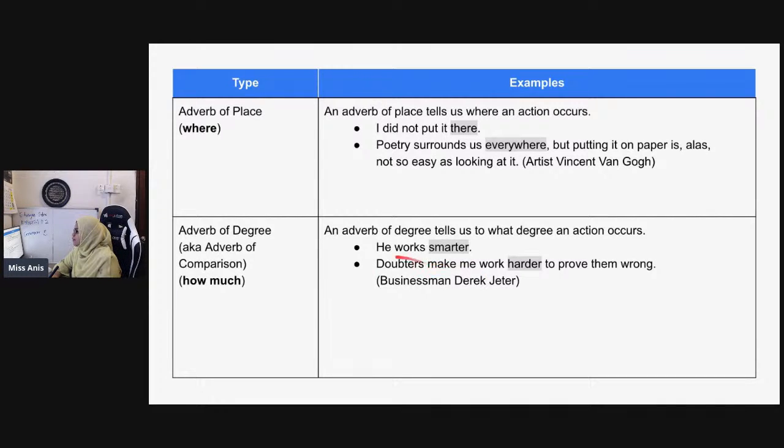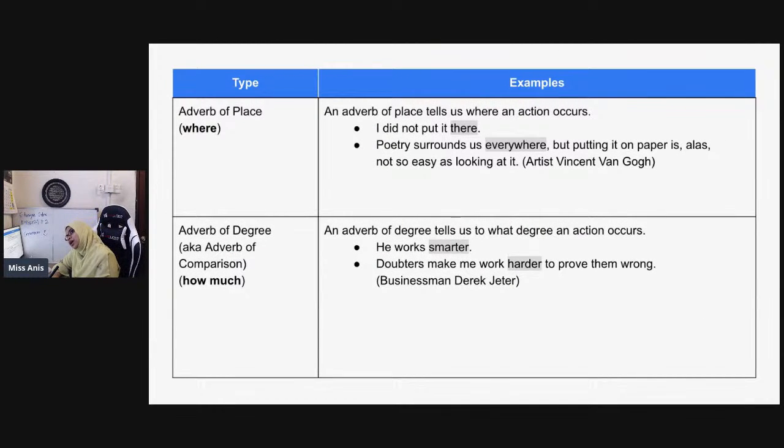So orang-orang yang tak percayakan dia ni buatkan dia bekerja lagi kuat untuk buktikan mereka tu salah. So work harder. So harder is your adverb of comparison ni, and then work ni is your verb lah. Okay, so that's the last one for the ones that I wanted to show you, the types of adverbs.